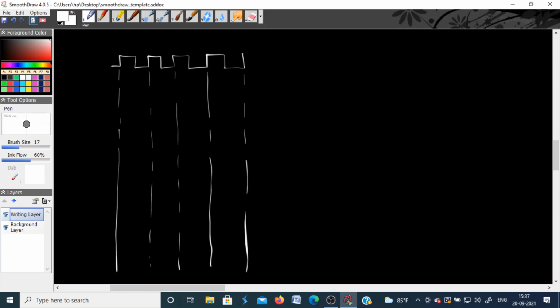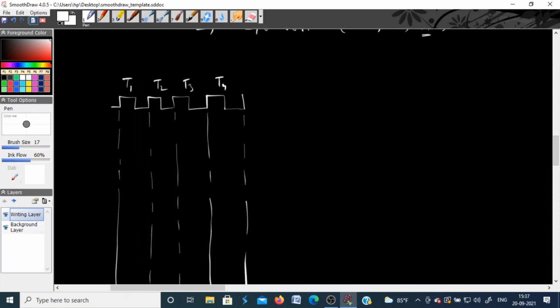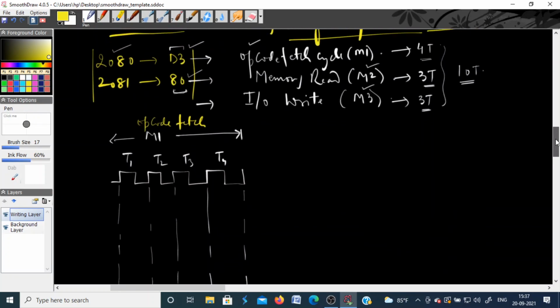So 4 T states: T1, T2, T3, T4. They comprise your machine cycle M1, which is the opcode fetch cycle. This part you already know.